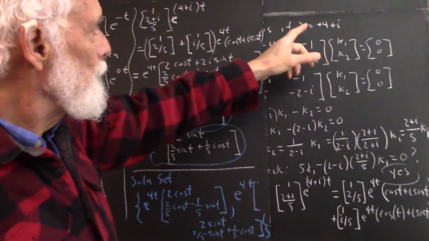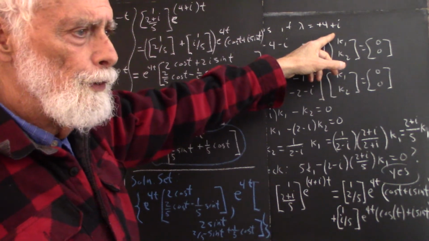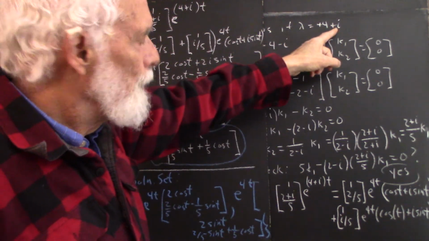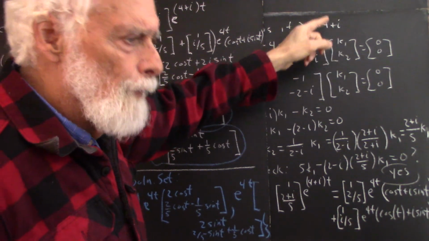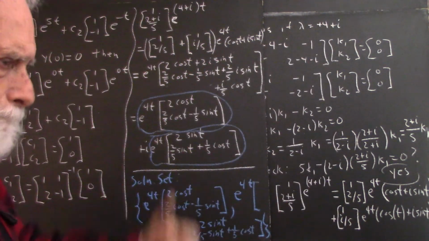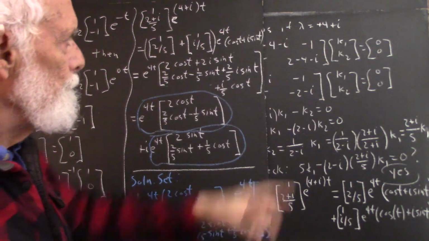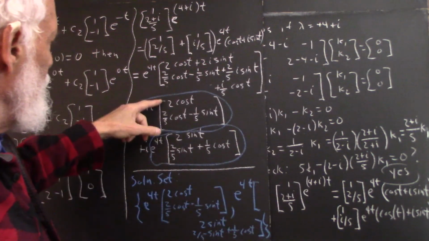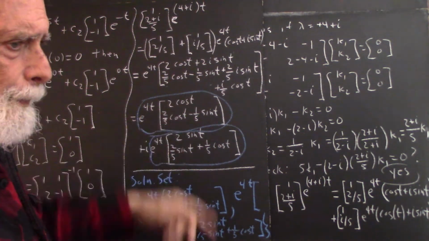Okay? So complex solutions always come in conjugate pairs. So if you get the solution for one of the complex eigenvalues, you automatically get the other solution. That's where it comes down to.